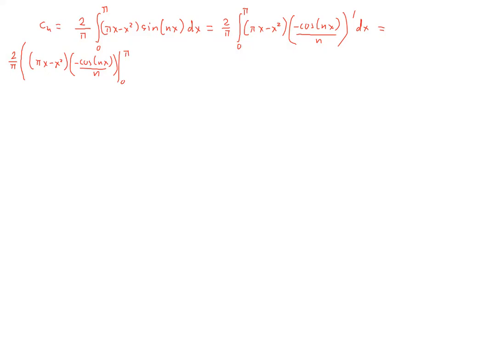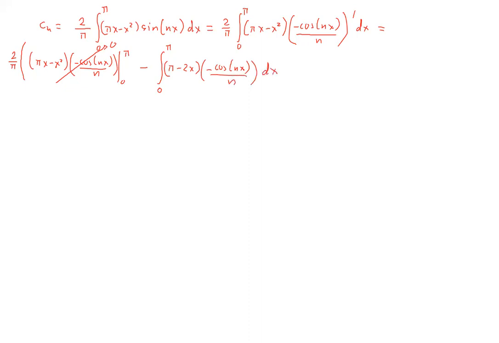Plug in 0, you get also 0. So this whole thing is gone, right? That's something. Minus, and now I have to take the derivative of pi x minus x squared, and this will be pi minus 2x times negative cosine of nx over n dx.